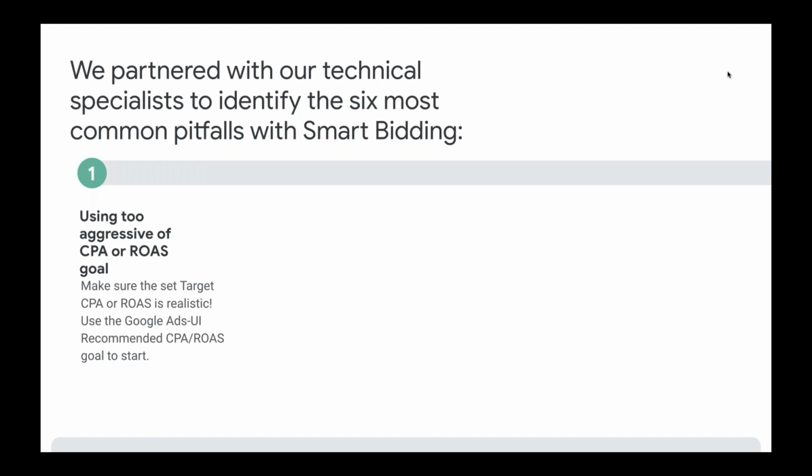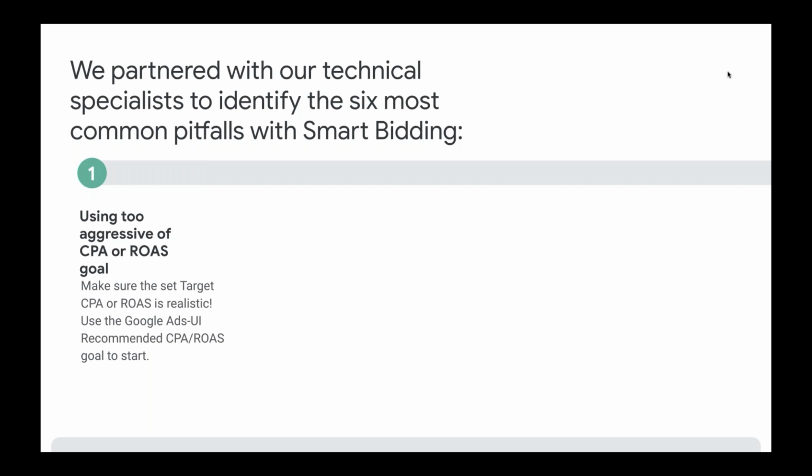Will I be able to achieve that, or am I being too aggressive here? How much headroom am I giving the machine to optimize for? Because if you're really scraping the surface, going for low-hanging fruit, and expecting in addition to that to achieve a lot more efficiency, then sometimes it's not realistic to achieve that.